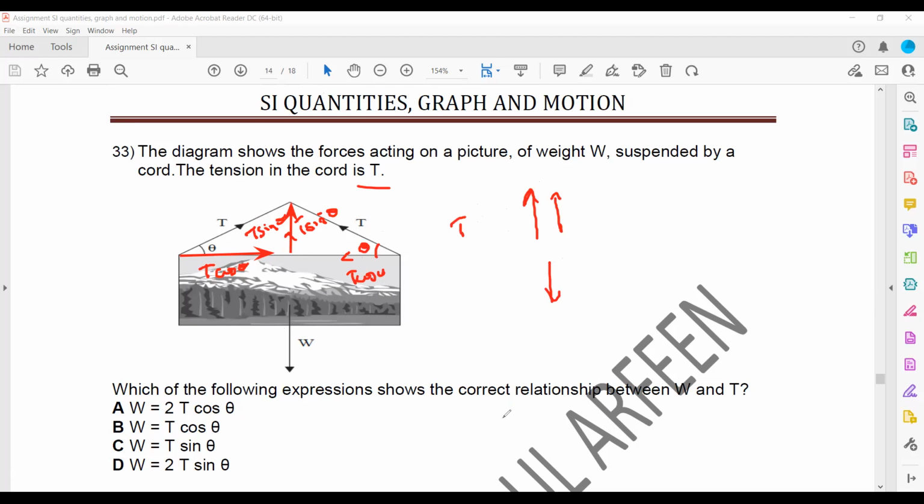So T sin theta, which is up, T sin theta, which is also up, and weight is acting downward. So when we sum the total upward, 2T sin theta equals the weight, or W equals 2T sin theta. So question 33 matches with option D. So D is the right answer for this.